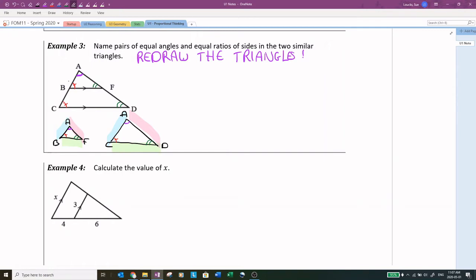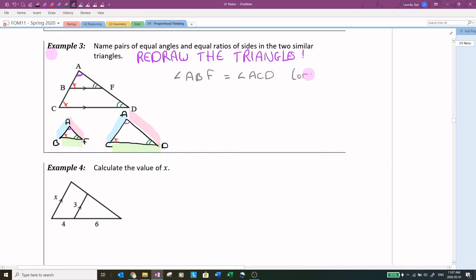The way you do that is it's where you start, where you bend, and where you end. So instead of saying angle B, I'm going to say angle ABF, okay? Because that starts at A, goes to B, goes to F. And that equals angle ACD.